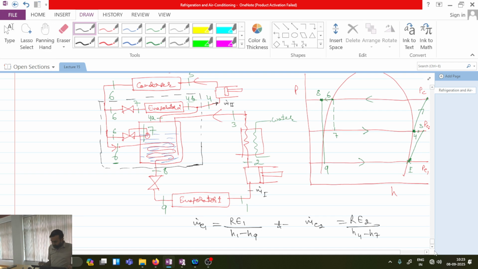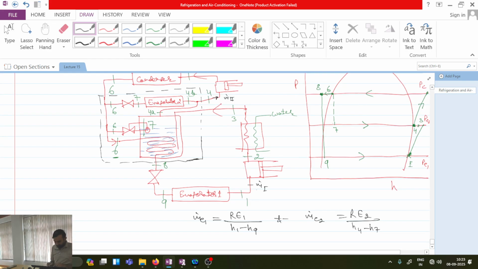So m dot 1 is entering with enthalpy H3. Is this one clear? Over here, what is the mass? This mass will be m dot 1 here to here. Again, this mass has also to be m dot 1. The mass which is coming after the condenser has to be m dot 2, and this mass leaving has also to be m dot 2 out of the control volume.